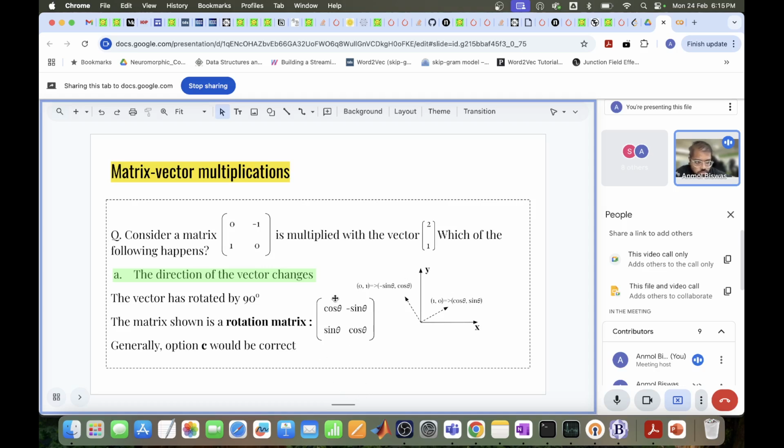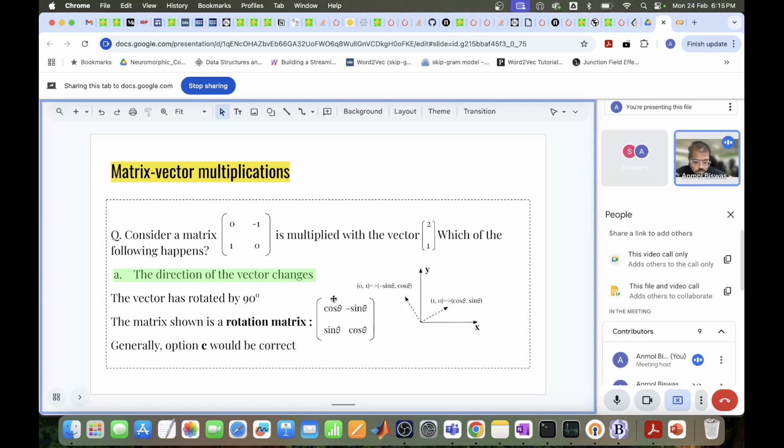And basically the rotation matrix is nothing but you put these two rotated vectors together, right? So you take the rotated vector for the unit vector along the x direction, you put it here.